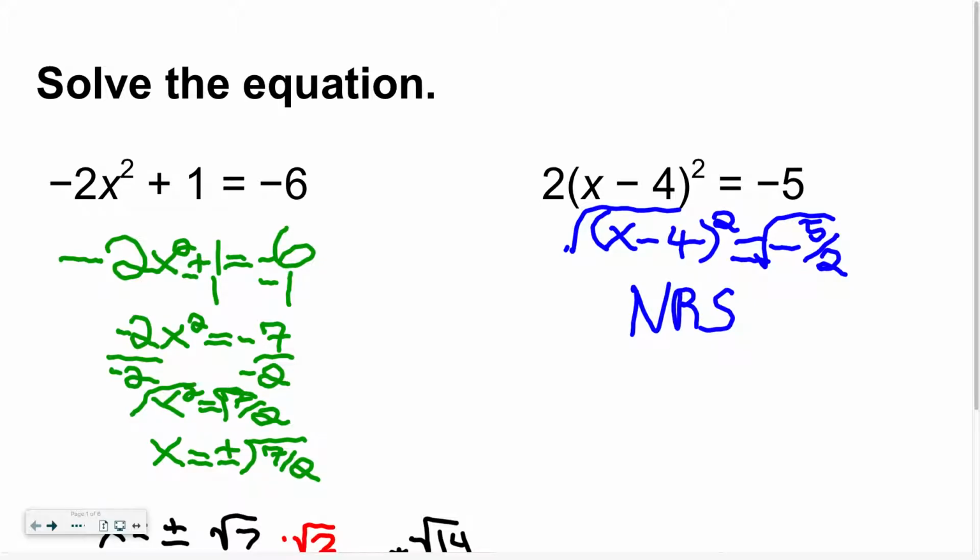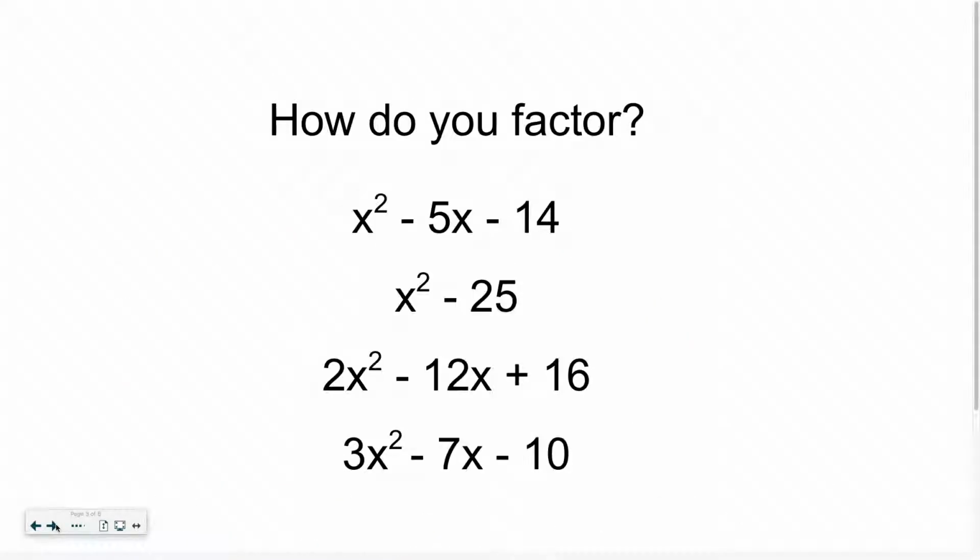As long as we don't multiply this out, x minus 4 times x minus 4, then we won't create two types of x's. If we just undo the things that are happening, like that square root up there, then we're able to solve for x. But if you have x squared and x in an equation, you'll have to solve by factoring for right now.